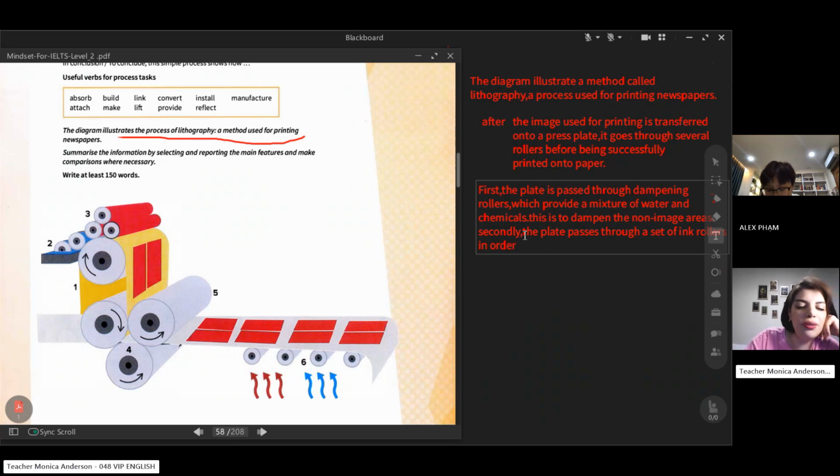In order to stick to the image area. In order for the ink to stick, of course, the plates go through these rollers so that the ink sticks to the image area. So this is the second one.